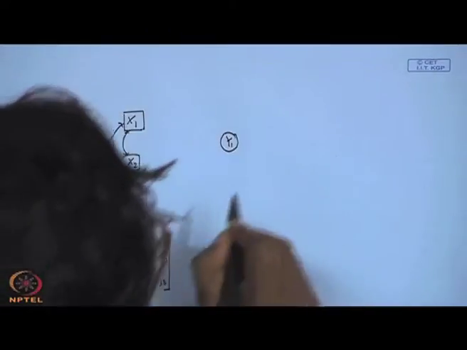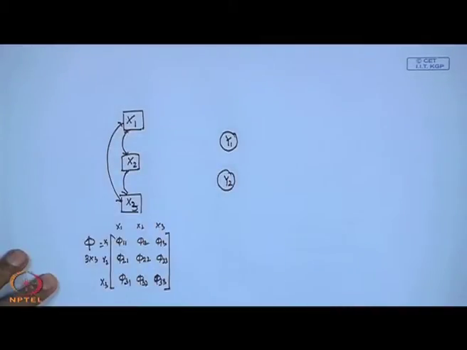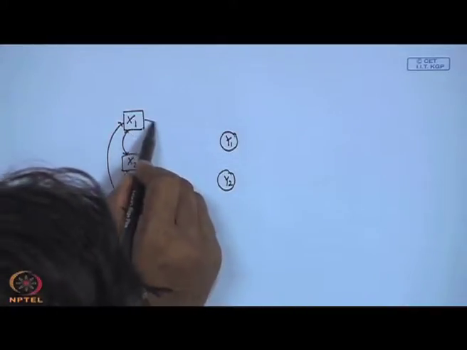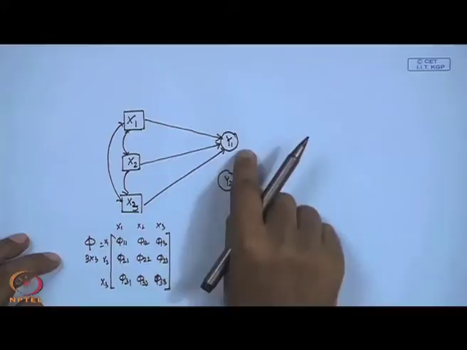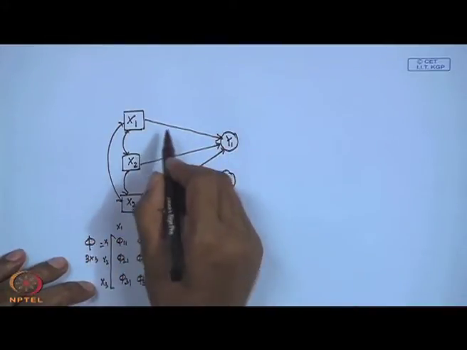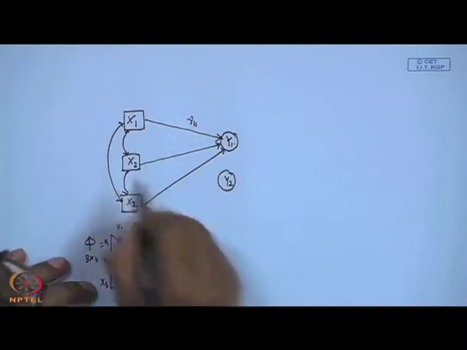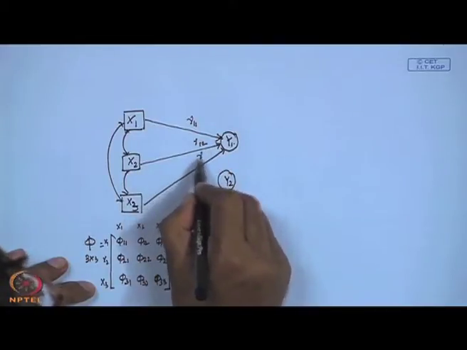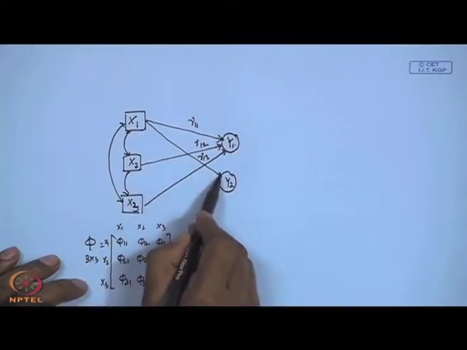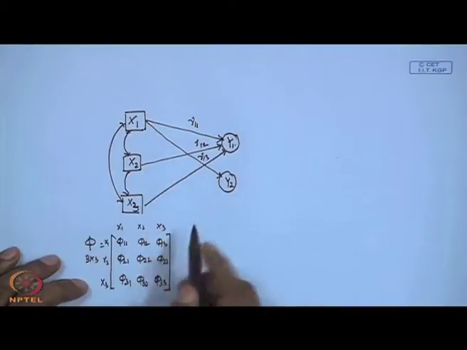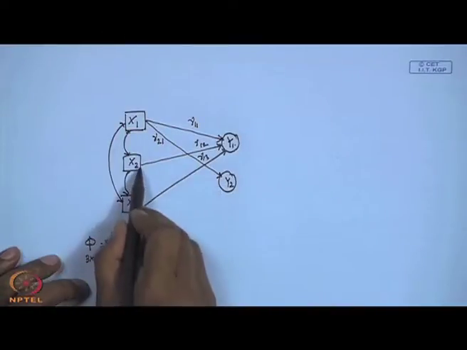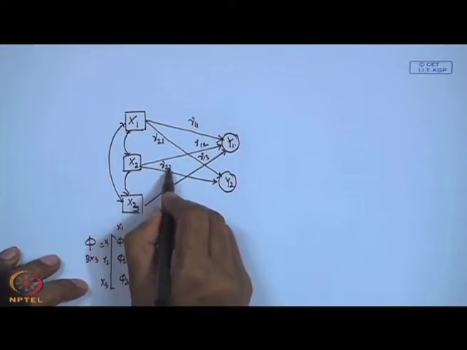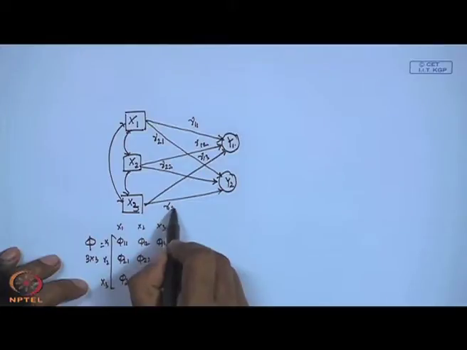Now, we have considered here two dependent variables, y1 and y2, and we are assuming that x1, x2 and x3 are affecting y1 with coefficients like this: gamma 1 1, gamma 1 2, gamma 1 3. Similarly, y2 is affected by x1, x2 and x3.